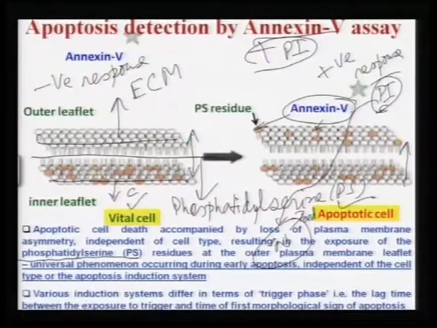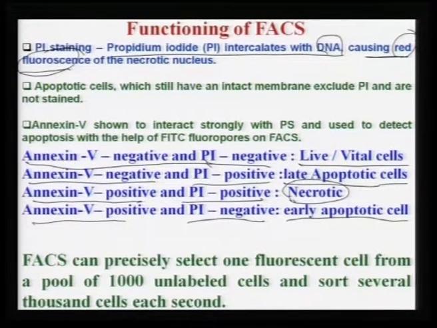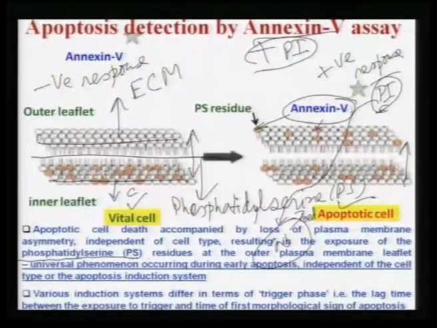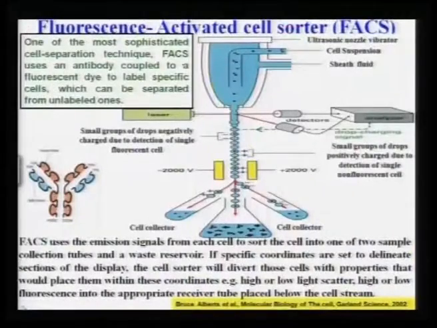If annexin 5 is positive, PI is negative, then cells are going to the late apoptotic stage. If annexin 5 is negative, PI is positive, then it is called late apoptotic stage. And if annexin 5 is positive and PI is also positive, then cells are necrotic cells.